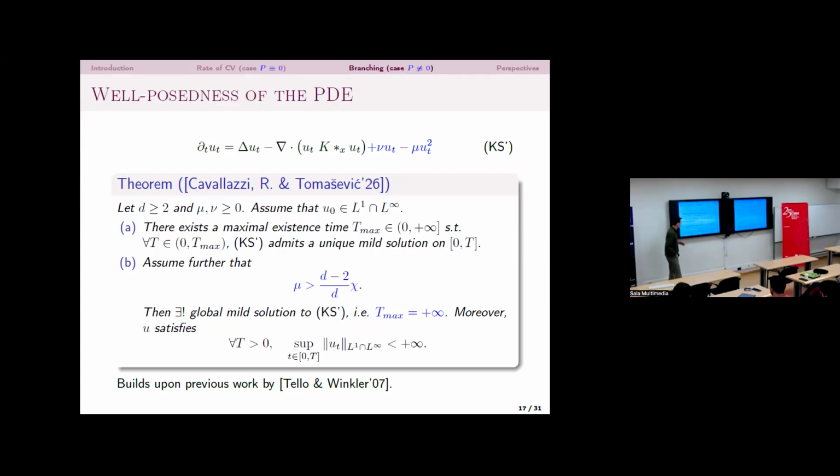There are several interesting facts here. The fact that nu plays absolutely no role in this story. Nu adds mass in terms of particles, meaning more and more particles, but it's not a problem if mu satisfies this. Also, in dimension 2, this is 0. That means that for any positive mu, you will have suppression of blow-up.